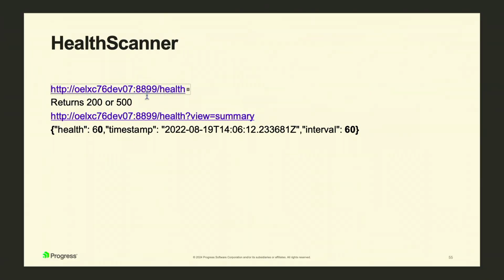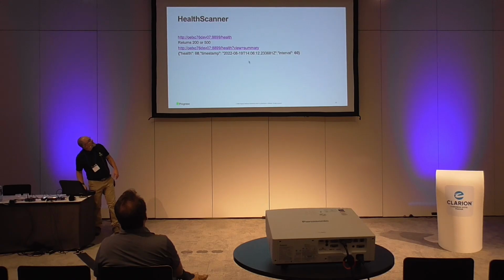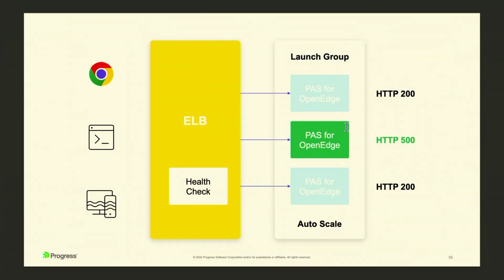But if I hit, for example, the health endpoint, I'm going to get a 200 or a 500. Is it working, true or false? I want to be able to see just a quick summary. So what's my configuration summary? Well, at this point in time, we are looking for doing health checks every 60 seconds.